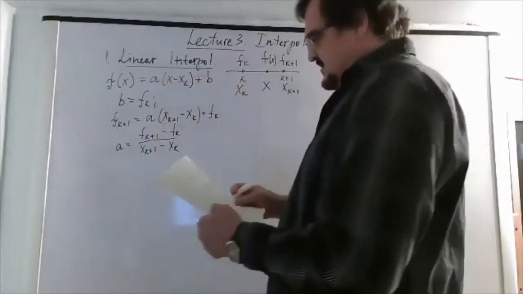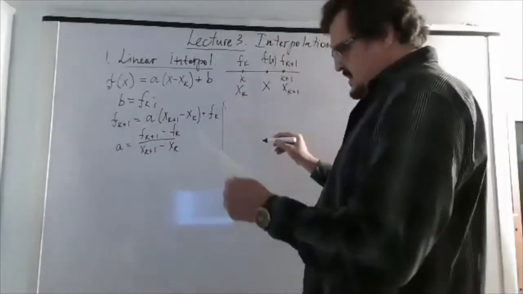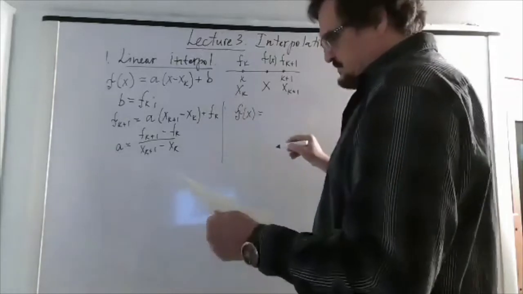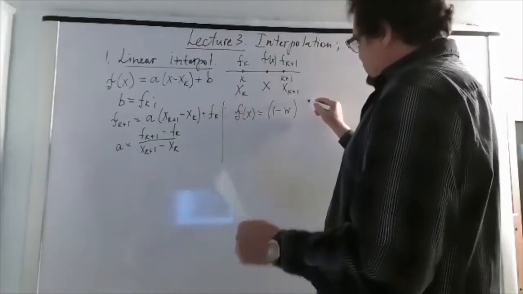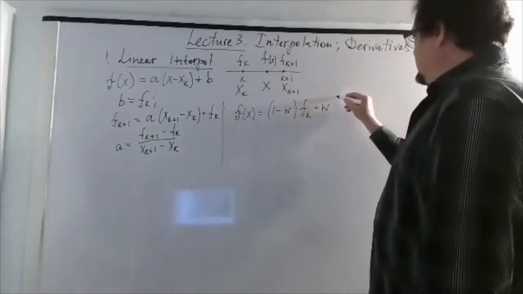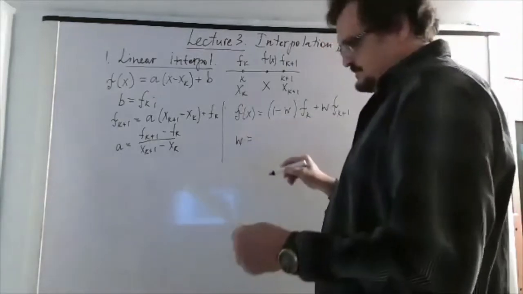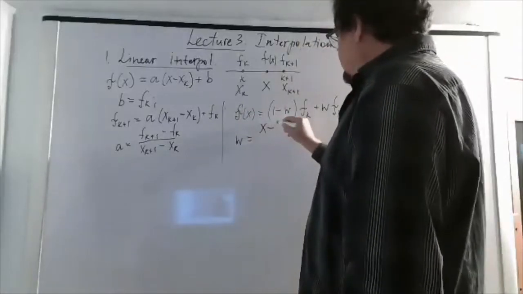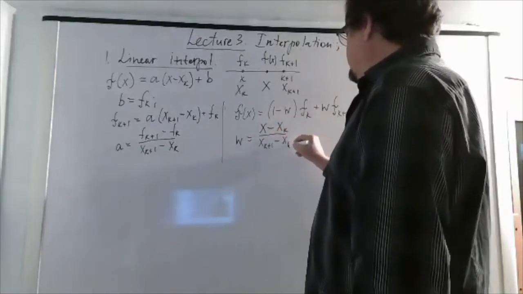If you write it in a more applicable form, you can find that f at point x equals (1 minus weight) times fk, plus weight times fk plus 1, such that weight equals (x minus xk) divided by (xk plus 1 minus xk).